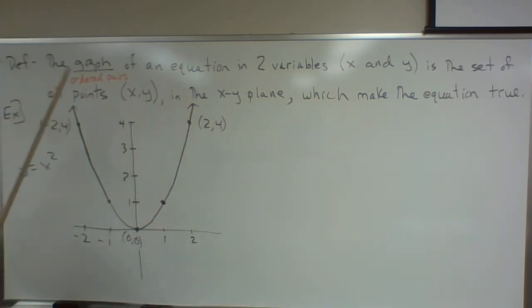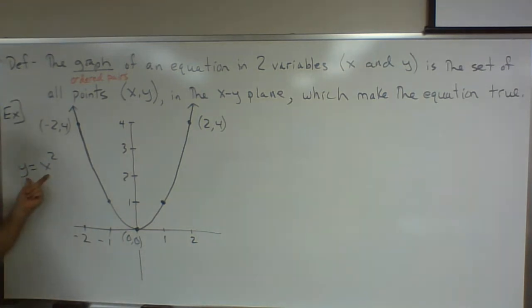And as an example, I have the equation in two variables, y equals x squared. This is the graph of y equals x squared. This graph is the set of all ordered pairs, x, y, in the xy plane which make the equation true.